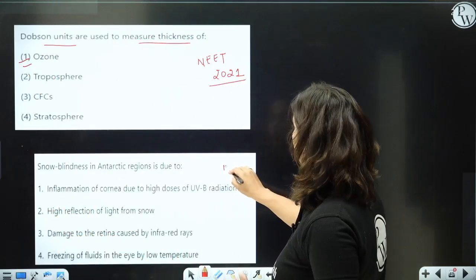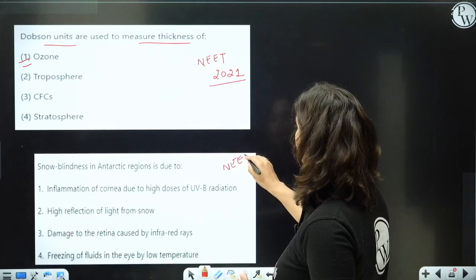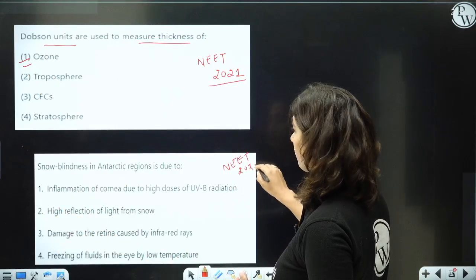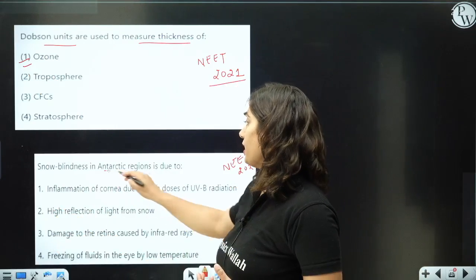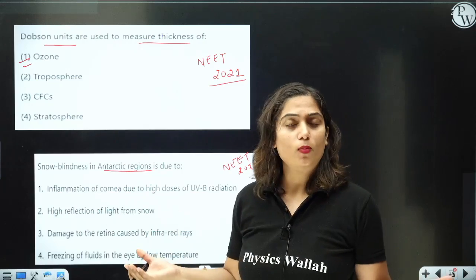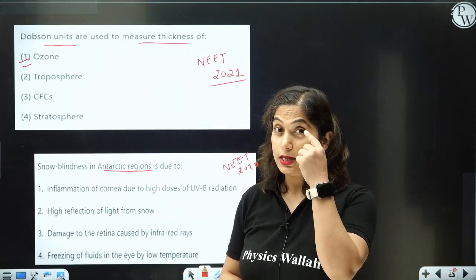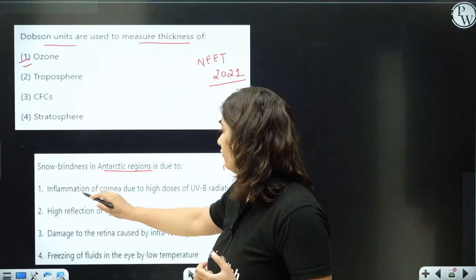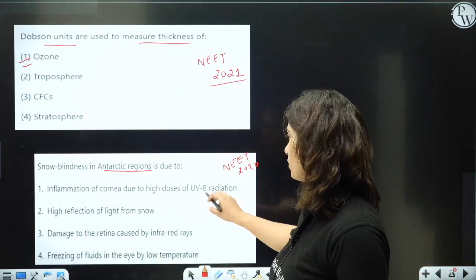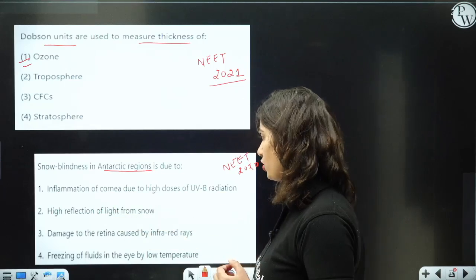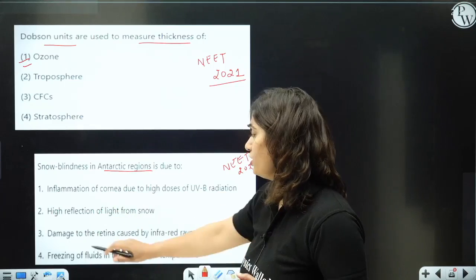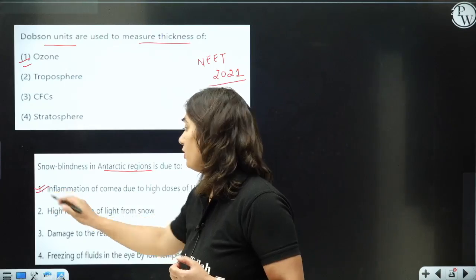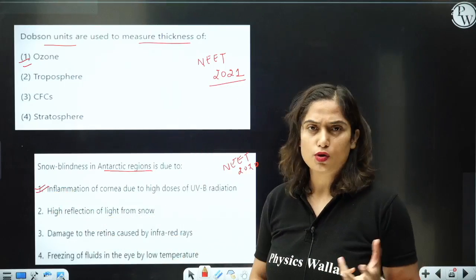Then a question of NEET 2020: snow blindness in the Antarctic region is due to what? We know that snow blindness is the inflammation of the cornea because of UV-B rays. The options are inflammation of cornea due to high doses of UV-B, high reflection of light, damage to retina, or freezing of fluids. Obviously, inflammation of cornea due to high doses of UV-B.